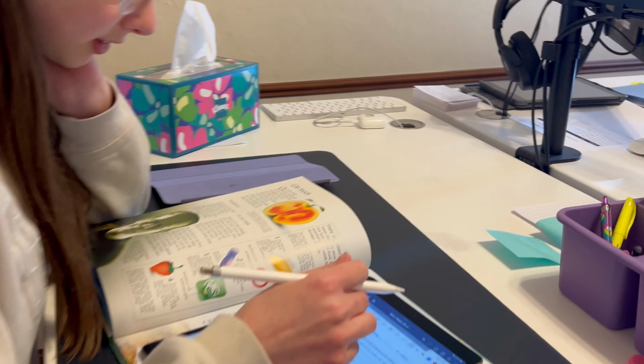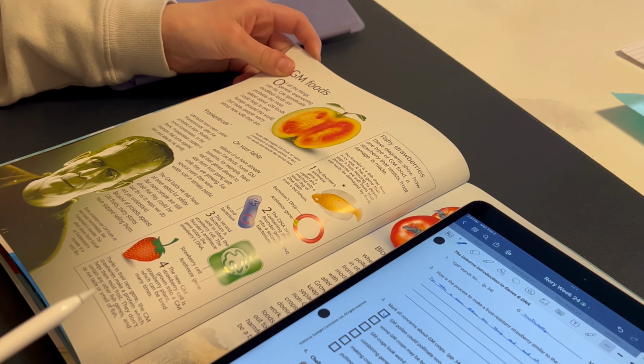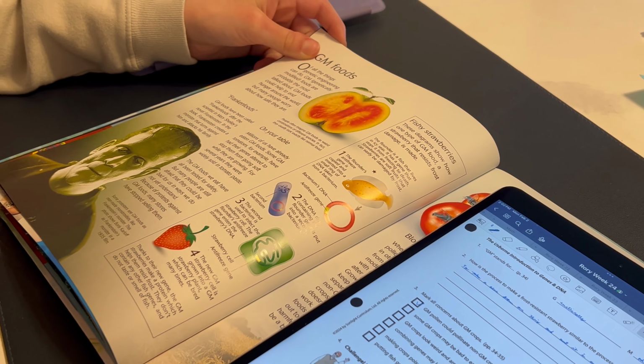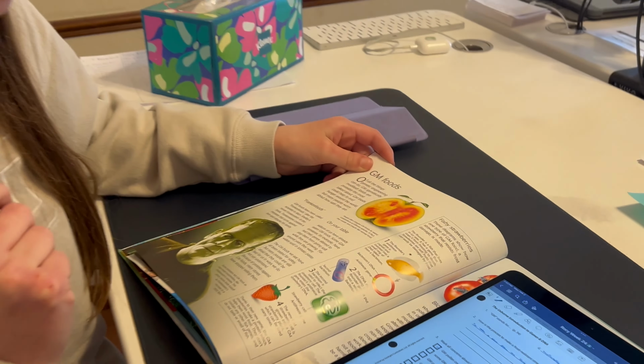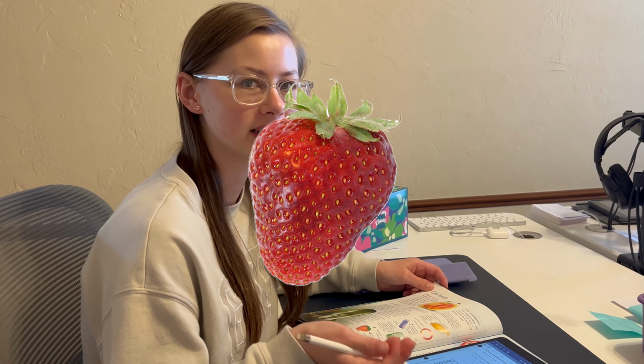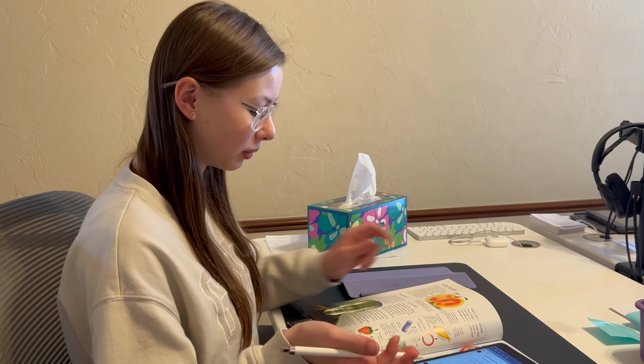Does that say fishy strawberries? Mm-hmm. So they take the antifreeze gene from the fish and they inject it into the strawberries so then the strawberries don't freeze. Oh. Which it would sound like the strawberry would taste like fish, but it doesn't. It doesn't taste like fish when they do that? Yeah, because it's only the antifreeze gene that goes into the strawberry.